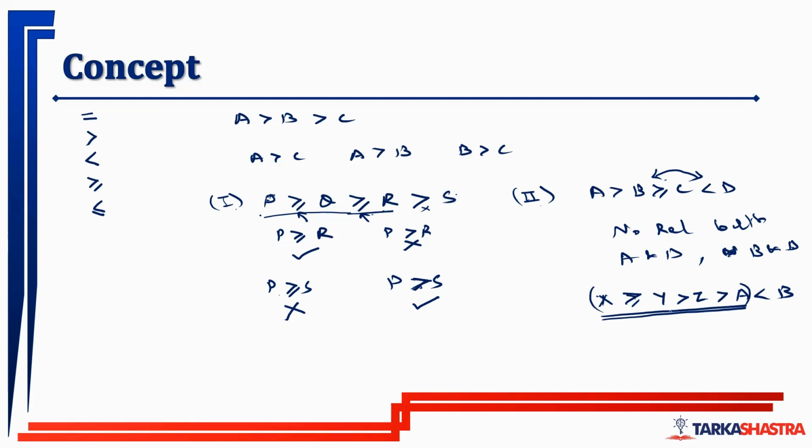So I can say that x is greater than z, x is greater than a, y is greater than a. I can make the relation because there is no change in direction of sign. But x and b में कोई relation नहीं हो सकता. y and b में कोई relation नहीं हो सकता. z and b में कोई relation नहीं हो सकता क्योंकि बीच में साइन ने डायरेक्शन चेंज कर दिया है.